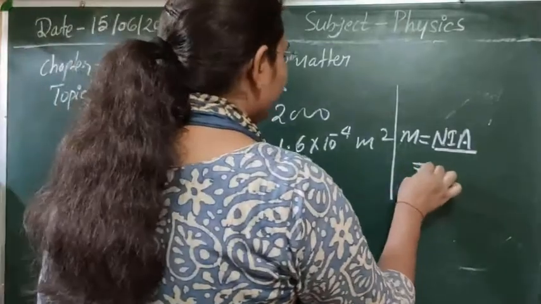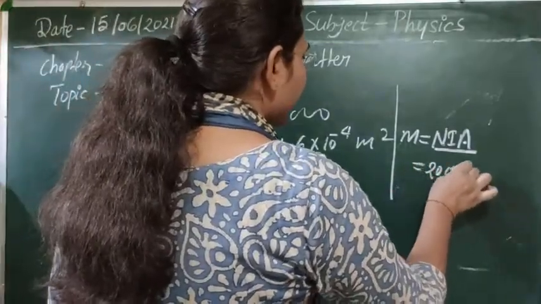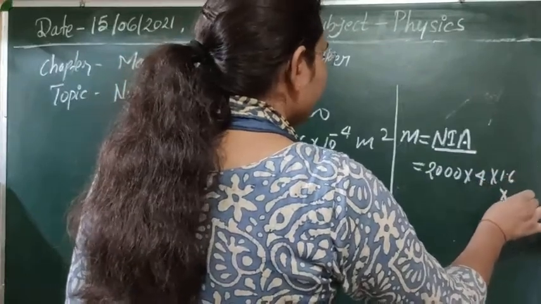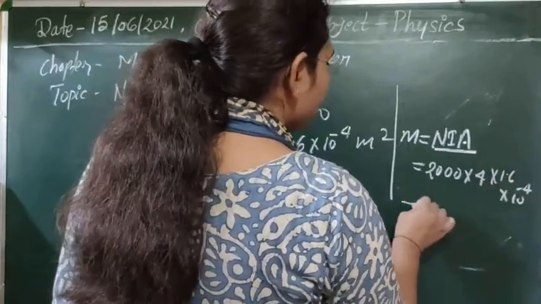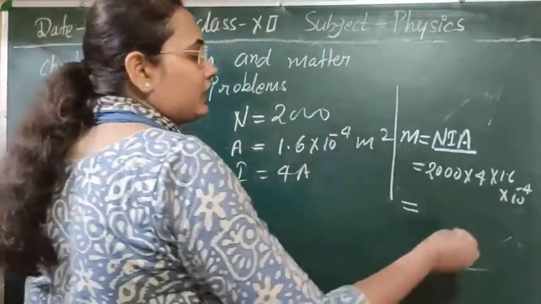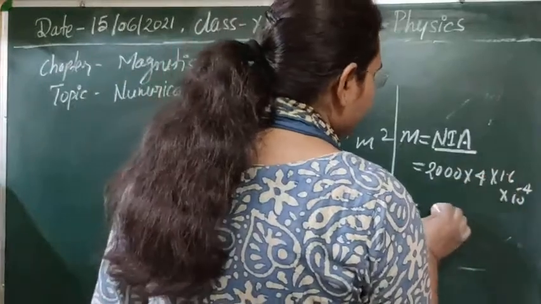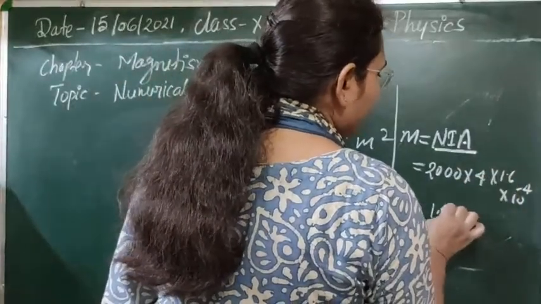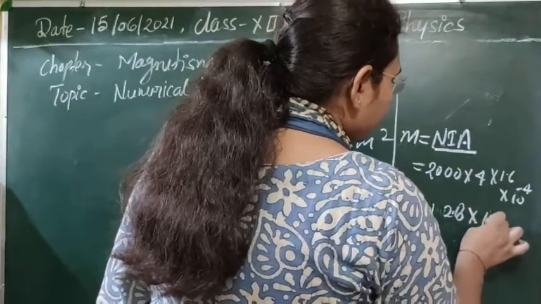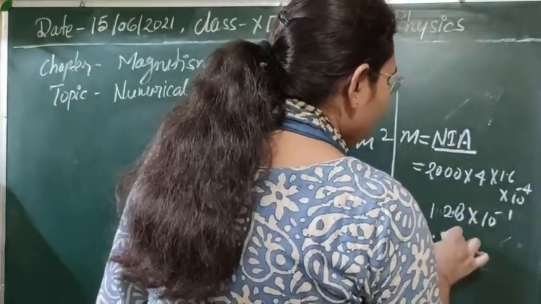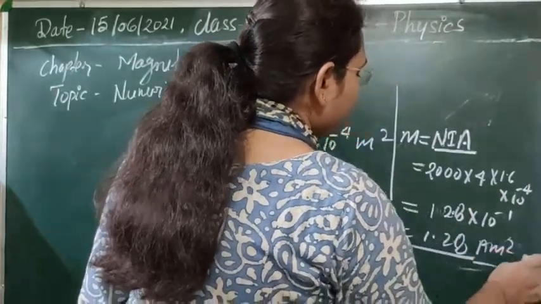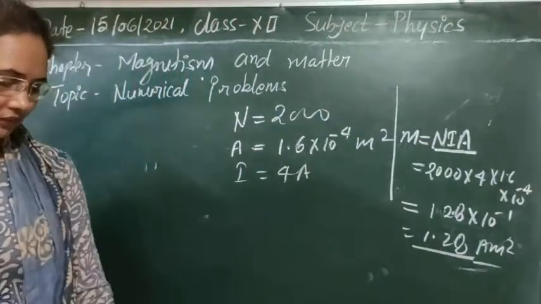So let's just calculate: we have 2000, this is 4, this is 1.6 into 10 to the power minus 4. If you solve this, you get 12.8 into 10 to the power minus 1, or overall 1.28 ampere meter square. This is the value of magnetic moment for the solenoid.